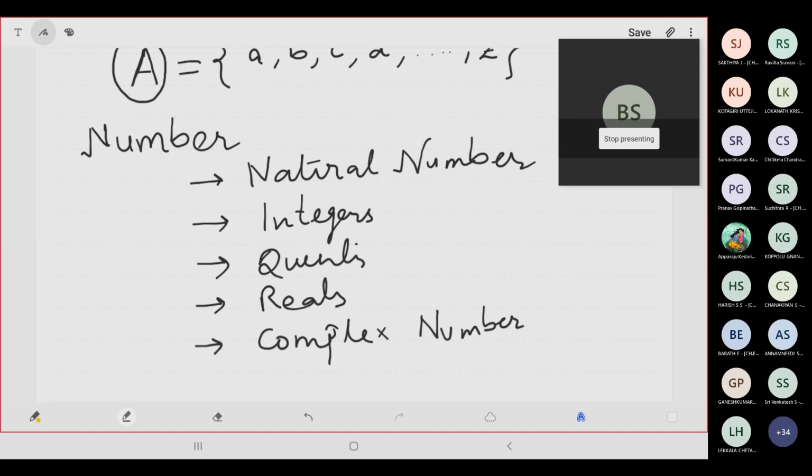So these are the numbers. Natural numbers, you have an idea about that. What is a natural number? One by one, I'll explain.